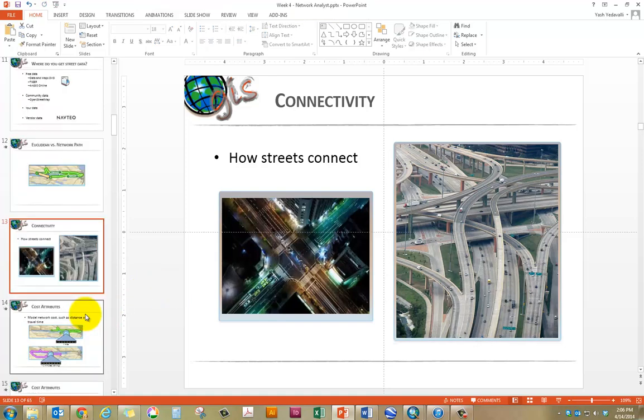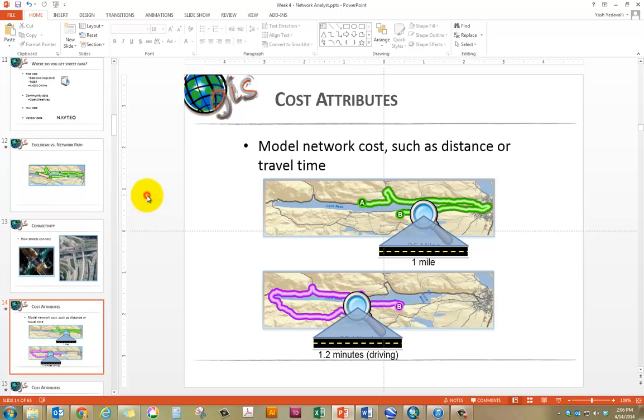It evaluates this connectivity and takes into account cost as attributes while creating your network dataset. So cost attributes, when we talk about cost, sometimes it's also called impedance.